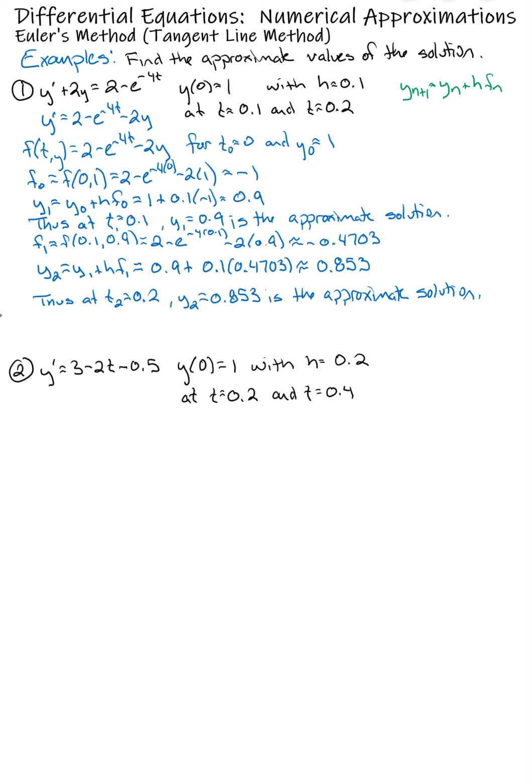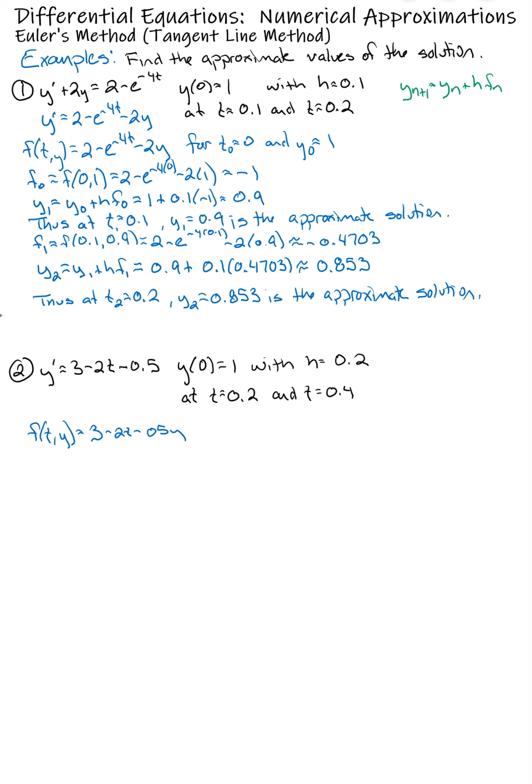So the first thing we'll do, I've already isolated the y prime, so I don't have to do that like we did in the previous one, but I will go ahead and name our function just so I can reference it. f of t, y is that derivative, 3 minus 2t minus 5/10.